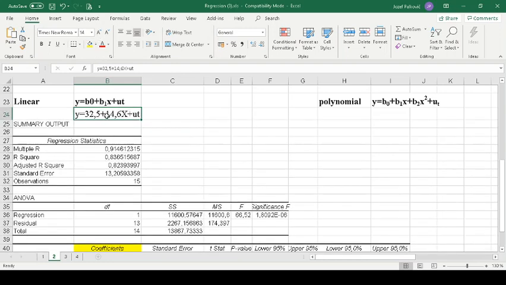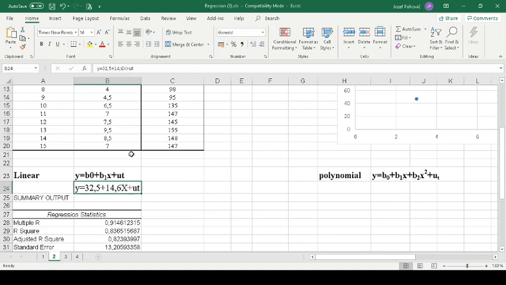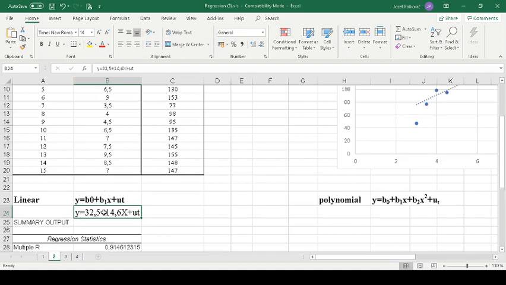Actually, these regression coefficients could be explained as follows. In case of the intercept, it's the average value of revenue in case when advertising cost is equal to 0. And in case of 14.6, which is the regression coefficient estimated for advertising cost, if advertising cost increases by 1 unit, then revenue will increase because there is a plus sign.